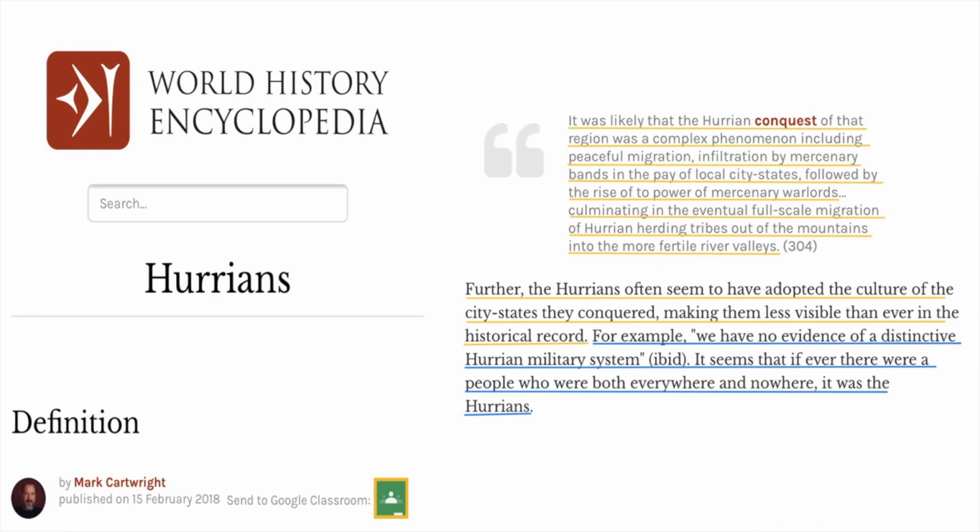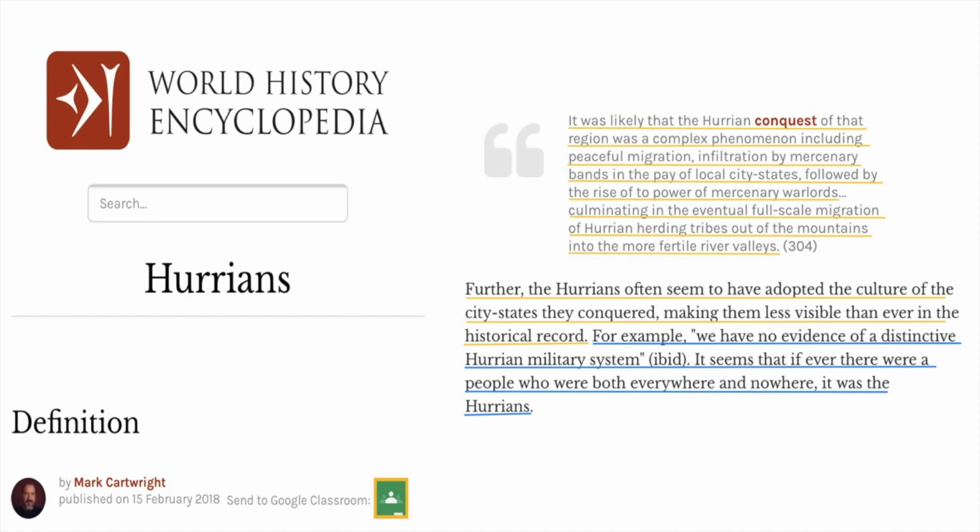So this is from World History Encyclopedia dealing with the Hurrians, and it reads, "It was likely that the Hurrian conquest of that region was a complex phenomenon, including peaceful migration and infiltration by mercenary bands in the pay of local city-states, followed by the rise to power of mercenary warlords, culminating in the eventual full-scale migration of Hurrian herding tribes out of the mountains into the more fertile river valleys."